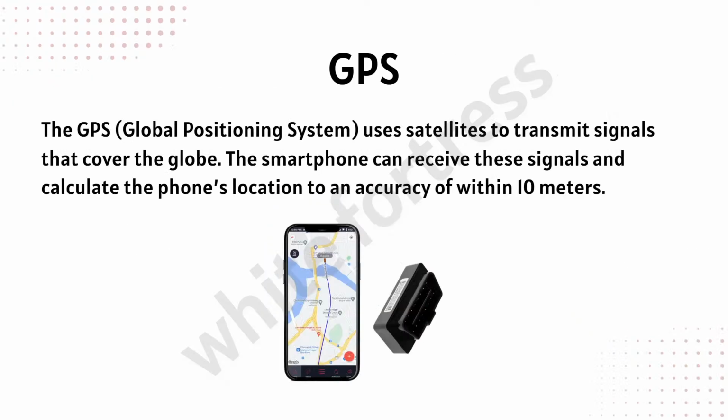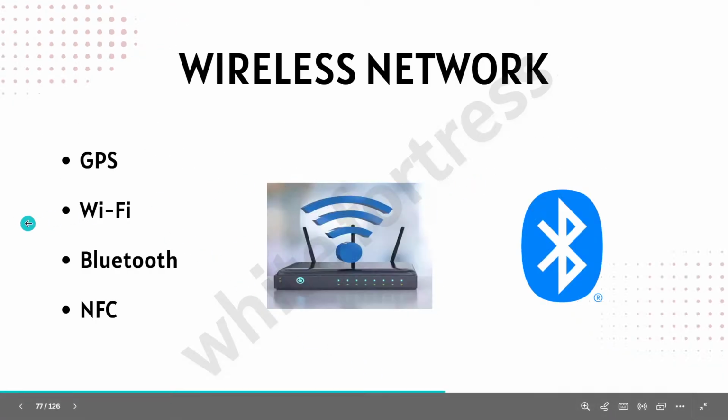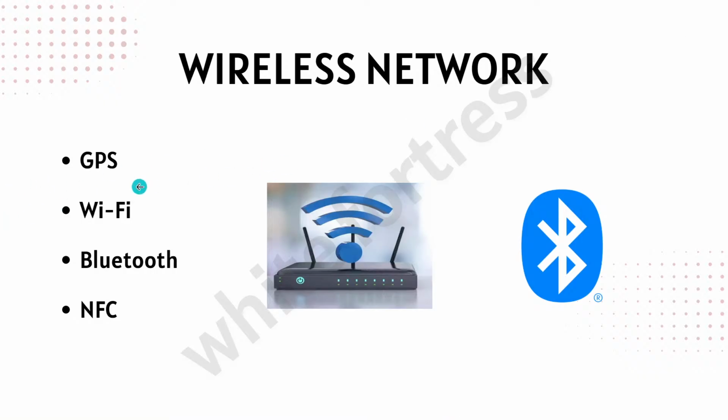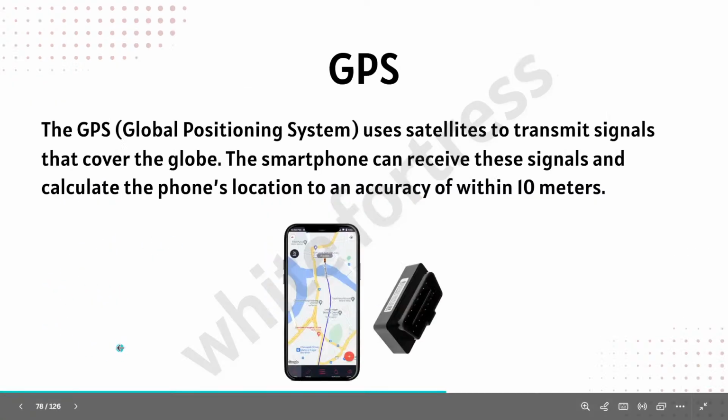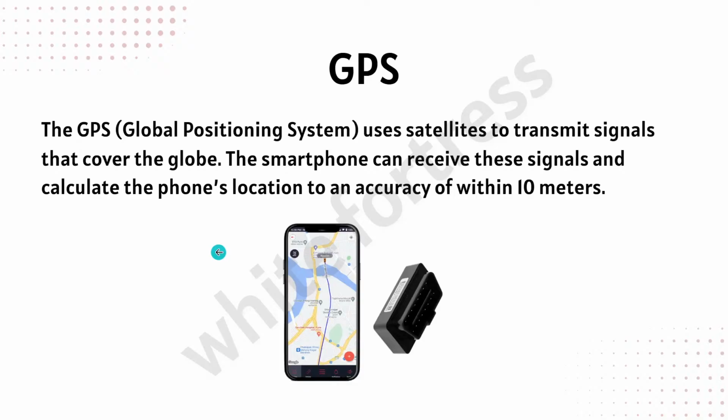So we have got wireless network technologies, I would say. We have got GPS, Wi-Fi, Bluetooth, NFC. So what is GPS? We all know Global Positioning System. It uses satellites to transmit signals that cover the globe.